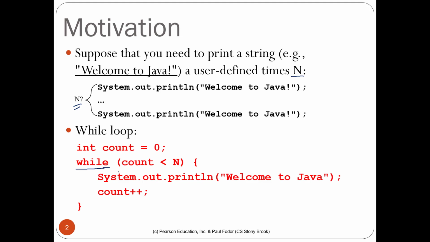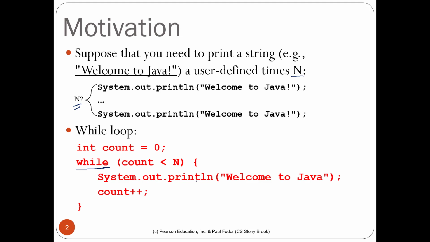You start with a counter variable. I'll tell you the purpose of a count in a typical loop, but for the time being we are initializing count to 0, and before we get into the loop we check the condition. We check whether count is less than n or not. Only when count is less than n we go inside this while loop.